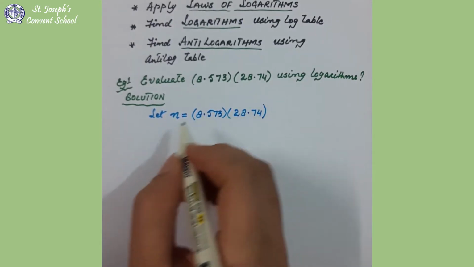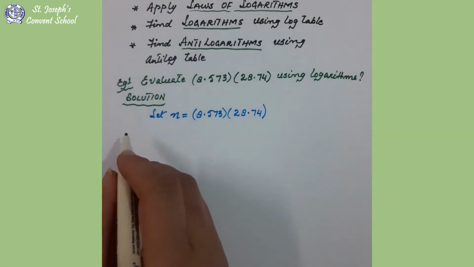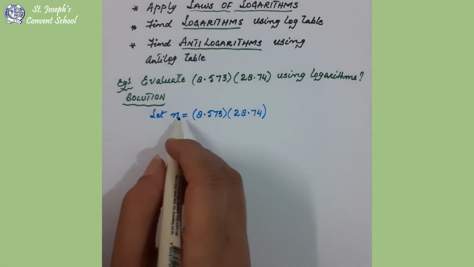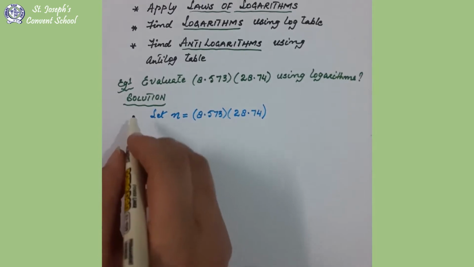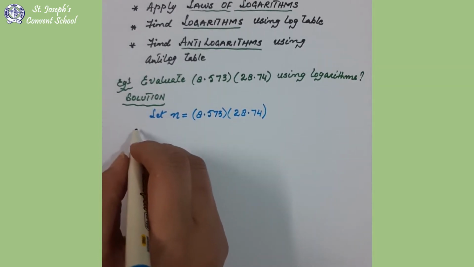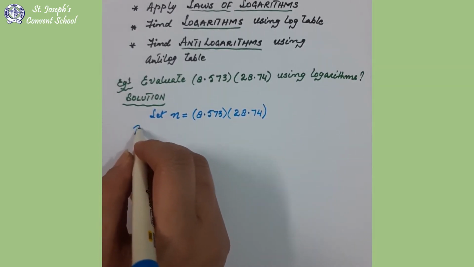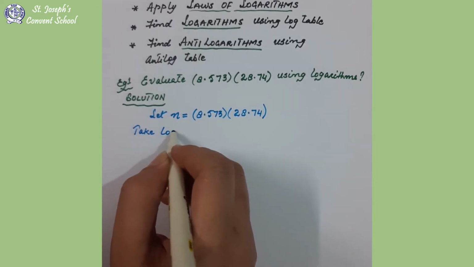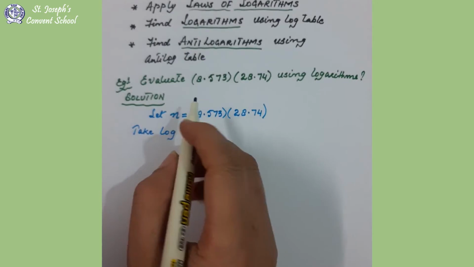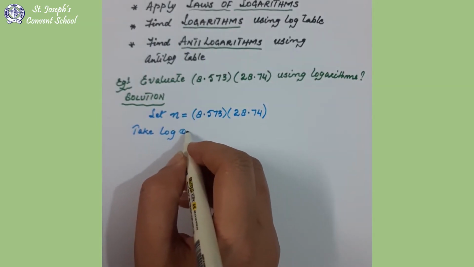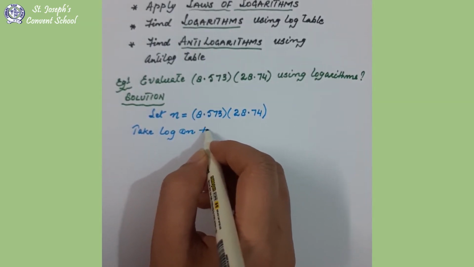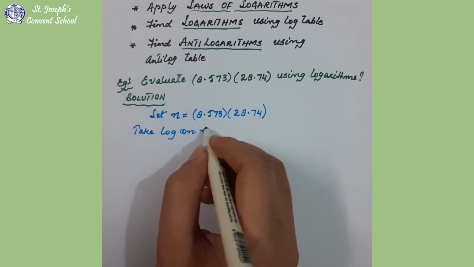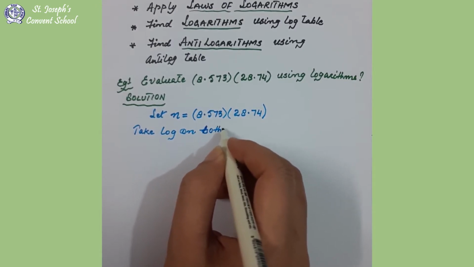Suppose this is n. In every question you will suppose first. After supposing, you will take log on both sides, because you have to use logarithms. In every question you will take log on both sides.